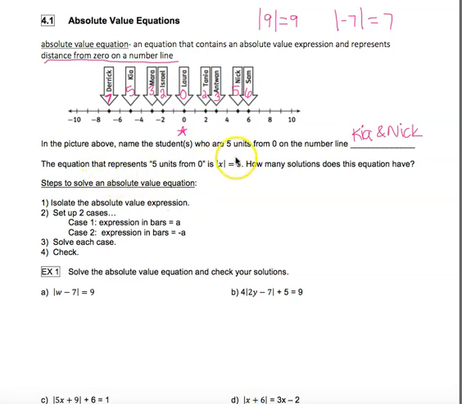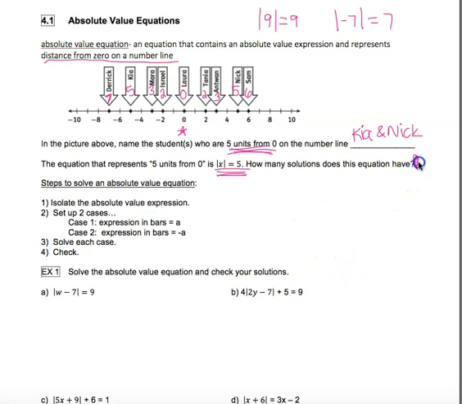And we can represent 5 units from 0 as an absolute value equation. Absolute value of x equals 5. So if this means the same thing as 5 units from 0, then go ahead and think about and write down right here how many solutions this equation has to have if this equation is the same as asking how many are 5 units from 0.